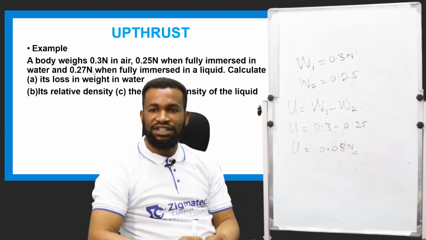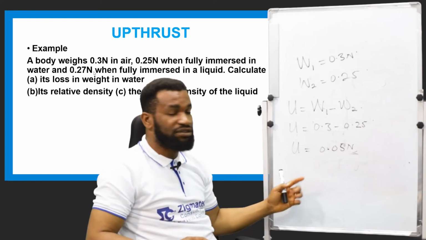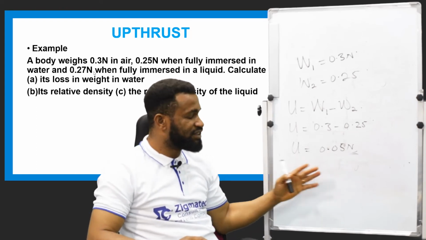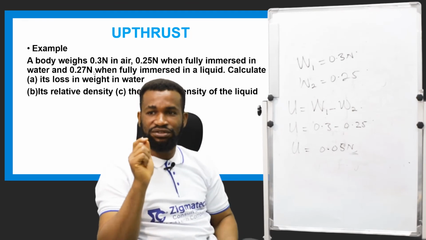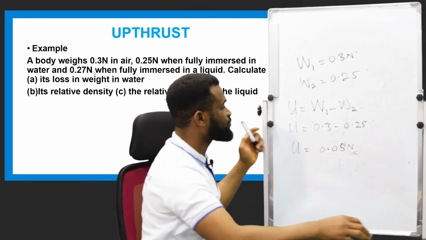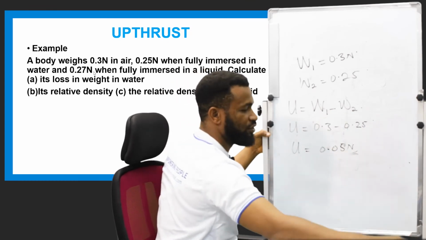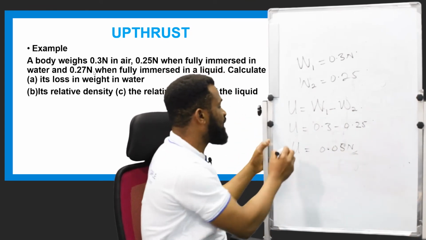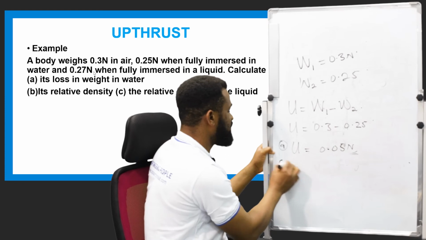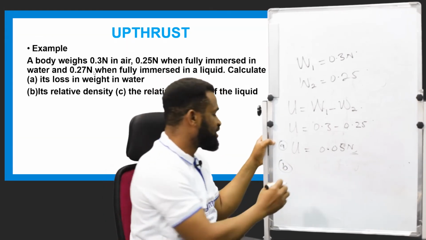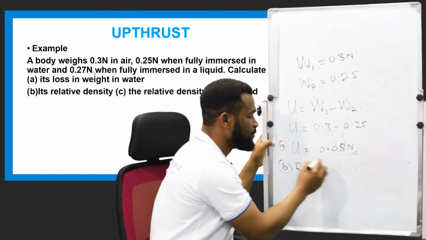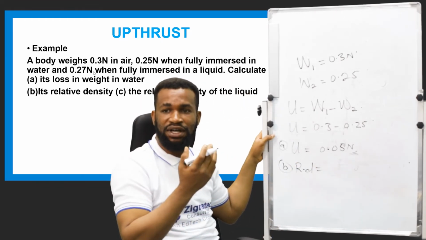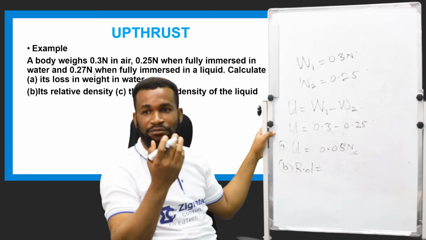Now, what should be the relative density? This is the A part, and the B part is going to be its relative density. The relative density is the weight in air over the upthrust, that is, the weight in air minus the weight when totally immersed in water.